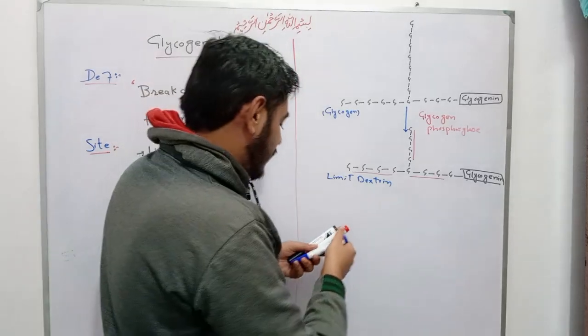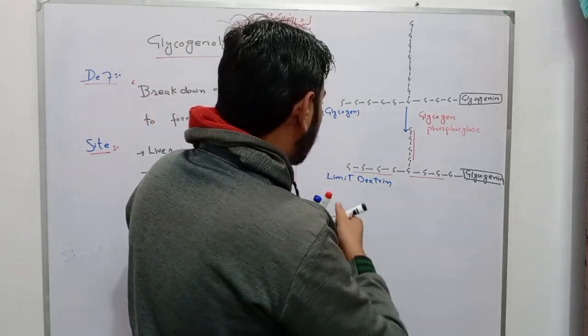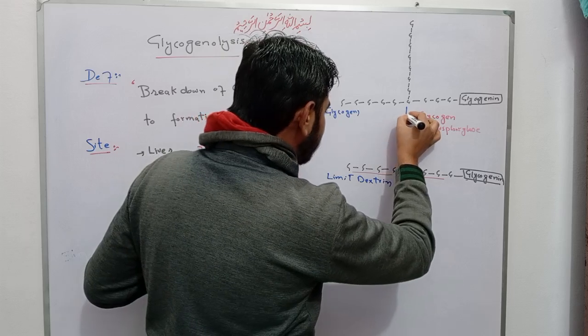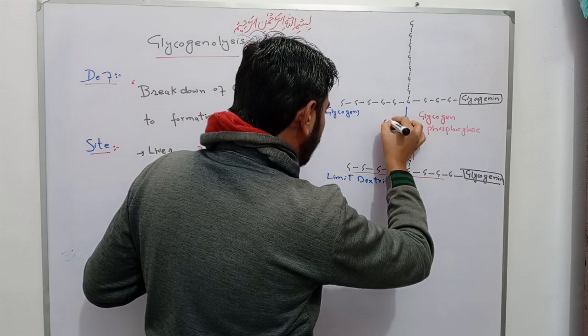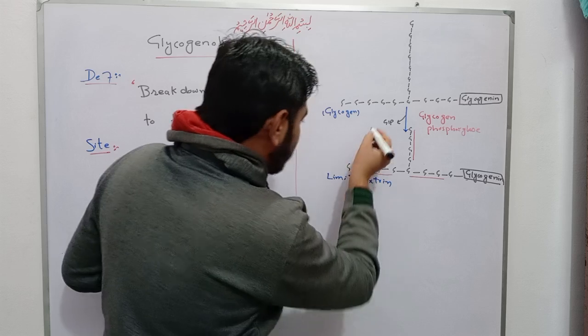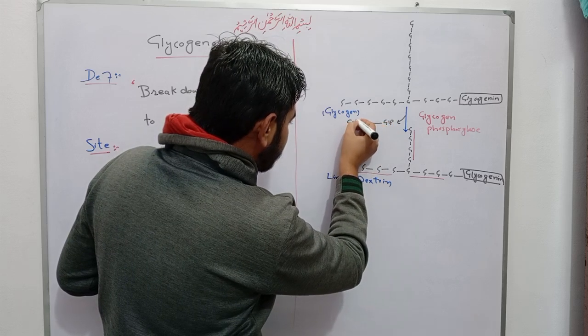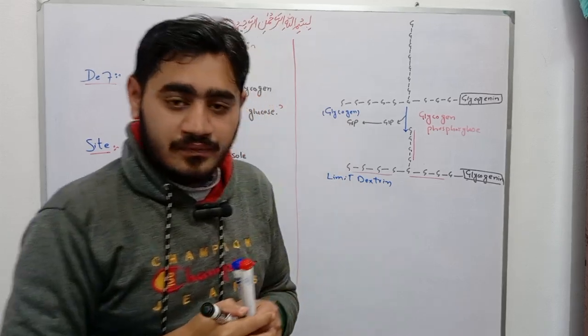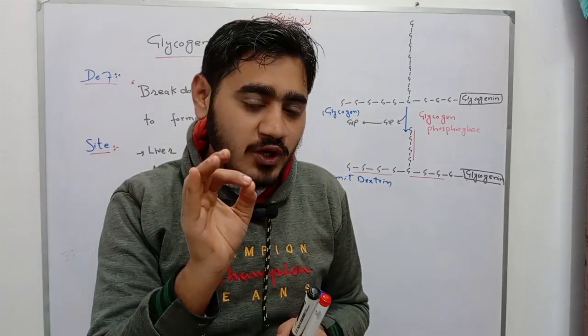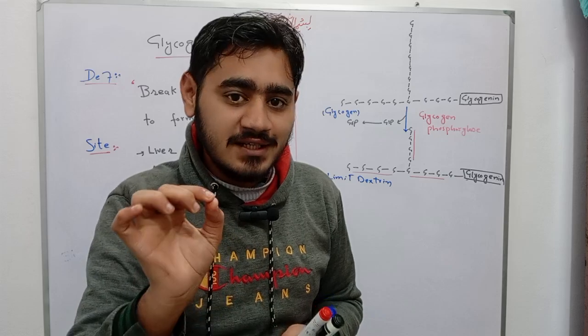Now here, the glucose molecules are released in the form of glucose 1 phosphate. With the help of the mutase enzyme, it converts into glucose 6 phosphate. Now, the glucose 6 phosphatase enzyme is absent in muscles.